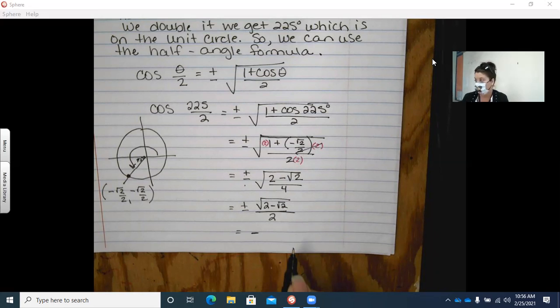Would your calculator give you that crazy answer? No. I know it looks weird. We've never had a radical under a radical before. But that's the answer.